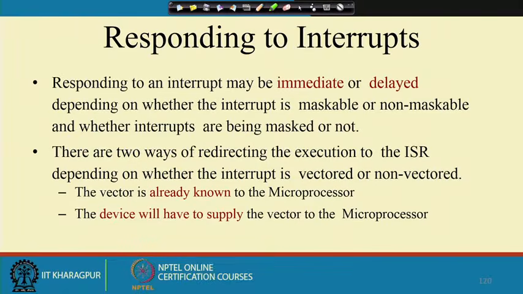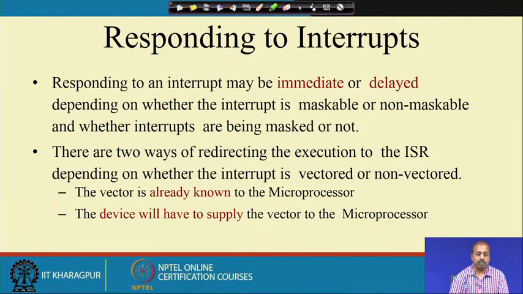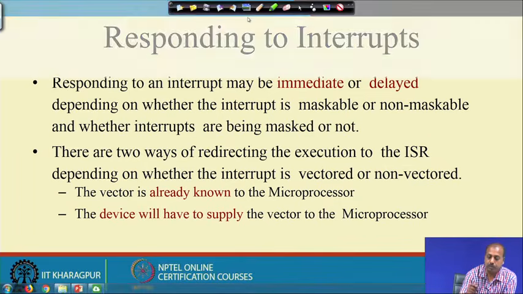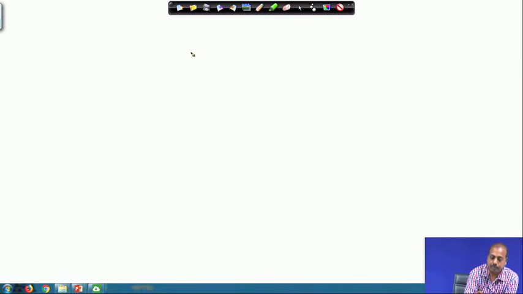Let us look into the steps that are needed for responding to an interrupt. When an interrupt occurs, the first thing that the processor should do is to complete the current instruction.